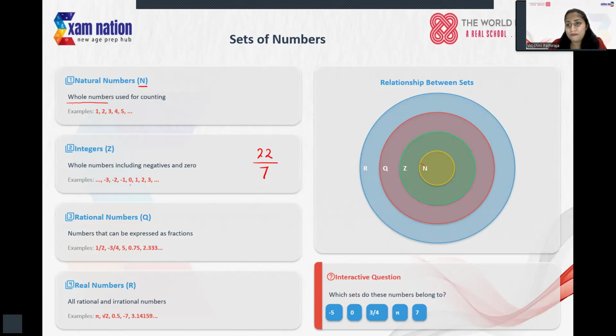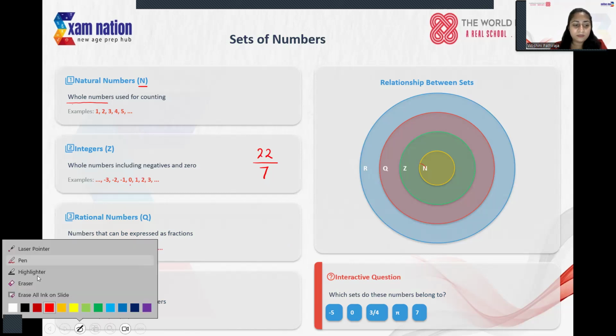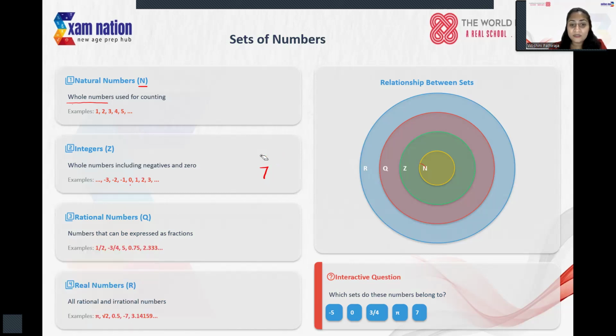Now let's do this simple exercise and check our knowledge. Okay, I'll erase this one first. Let's see which set these numbers belong to. The first number is minus 5.